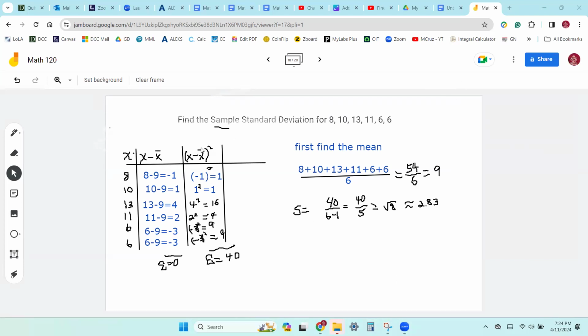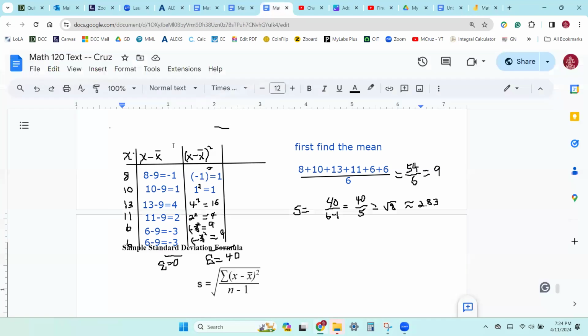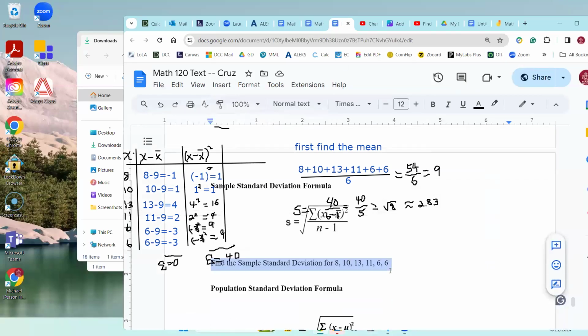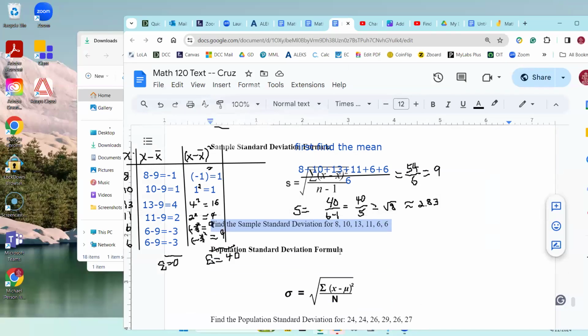But before we move on with this, I'm going to ask one important question, because over here, let's see. I don't want to erase that yet, but I want to go back and show you that other formula. All right.